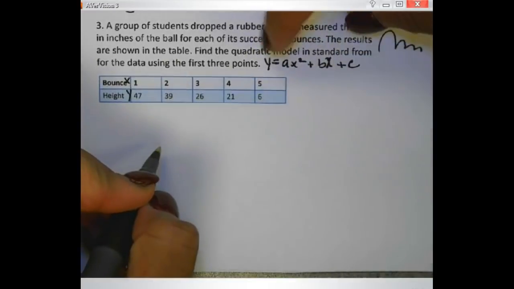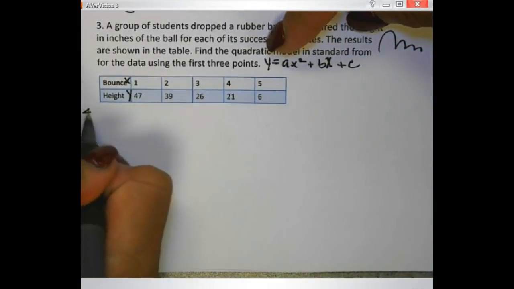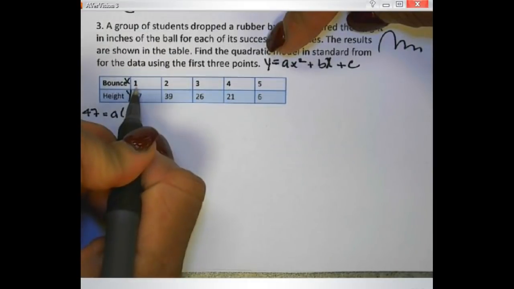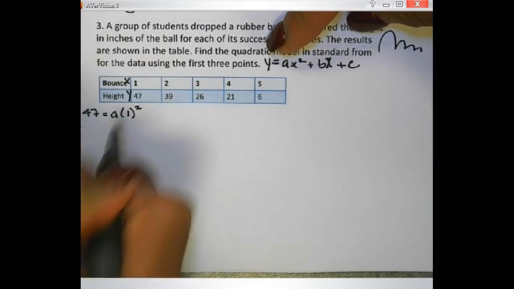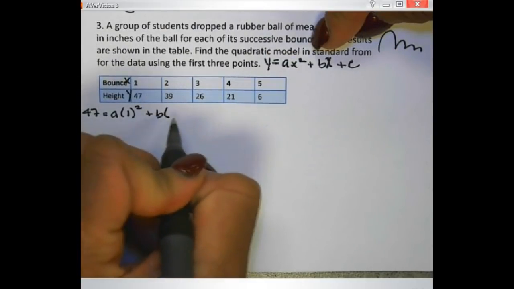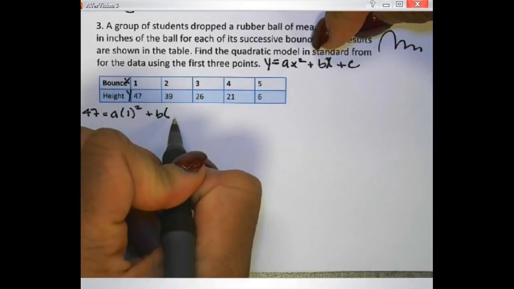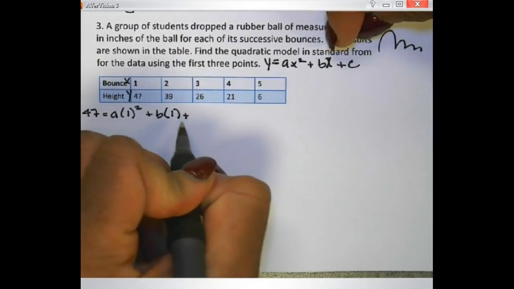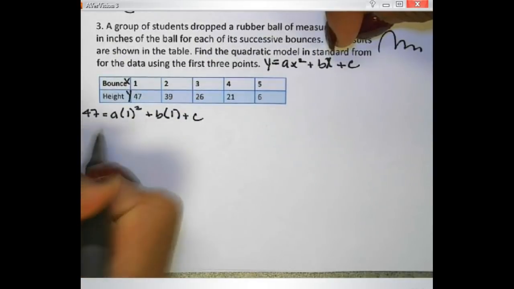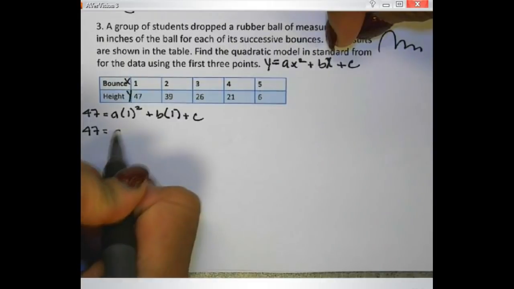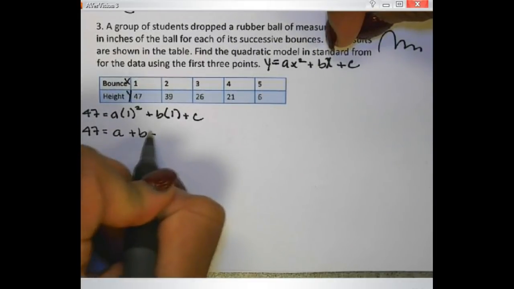The first point is going to be 47 equals a times the x, which is 1, so 1 squared, plus b, which we don't know, times 1, plus c. I don't know what that is either. So let's simplify. 47 equals 1 squared is just 1, so that's a plus b plus c.